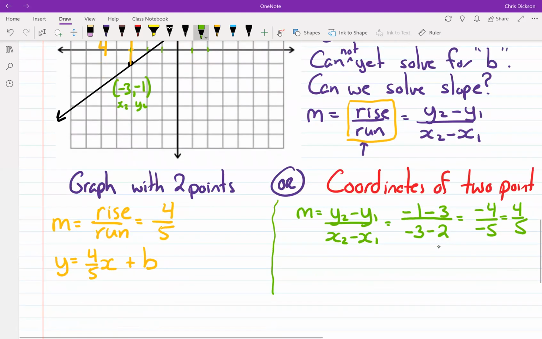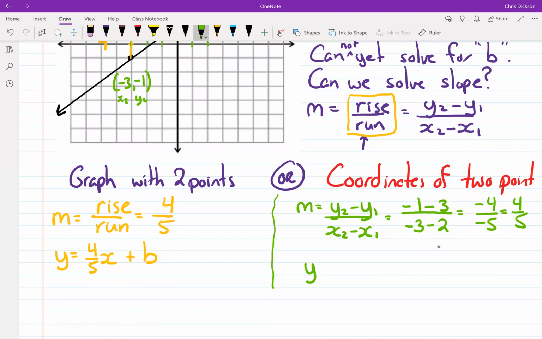So same answer, right? And so you get y is equal to 4/5 x plus a b value, a y-intercept value. Okay, so right now it doesn't really matter which way you did that. You would get the same initial setup here, slope of 4/5, and then you have to calculate out what the y-intercept is for your graph.